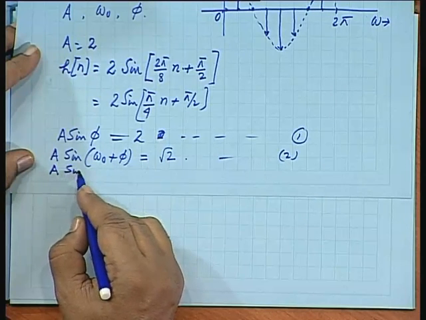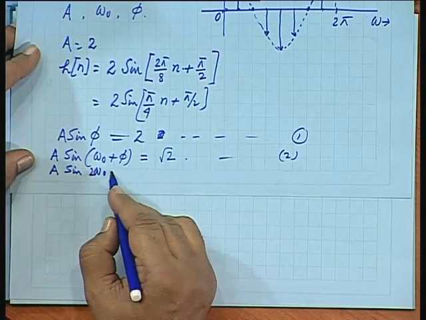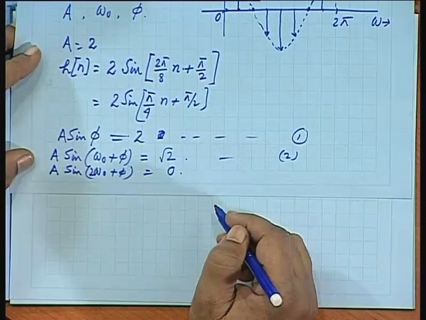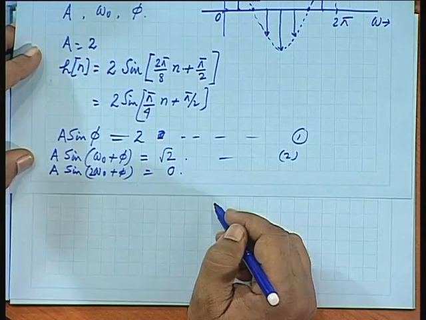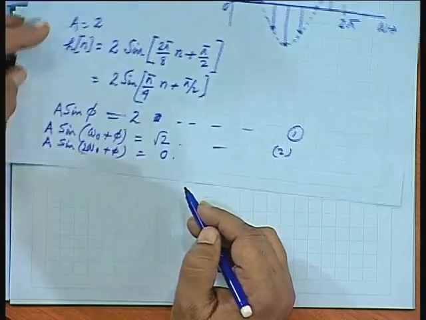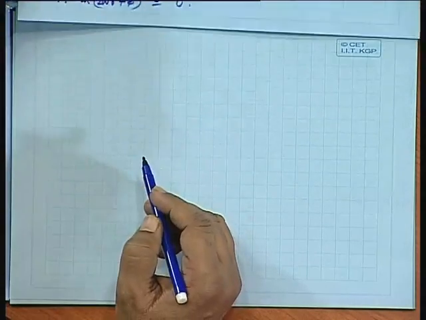A sin(twice omega naught plus phi) is equal to 0. Okay. Is that all right? So, substitute from here in the second equation.